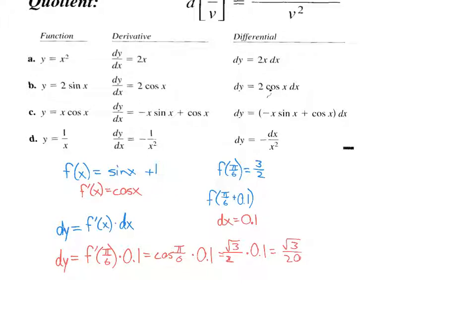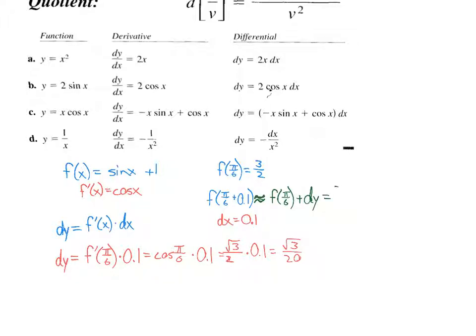Now, that is not f of pi over 6 plus 0.1. That's the differential. f of pi over 6 plus 0.1 is going to be, I should say approximately, f of pi over 6 plus the dy.